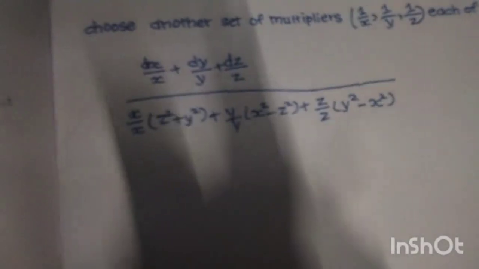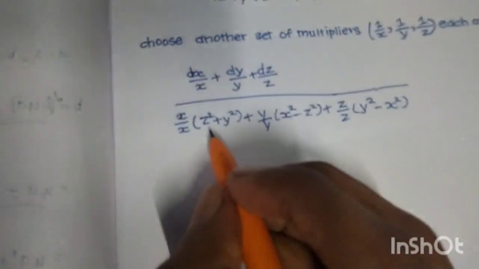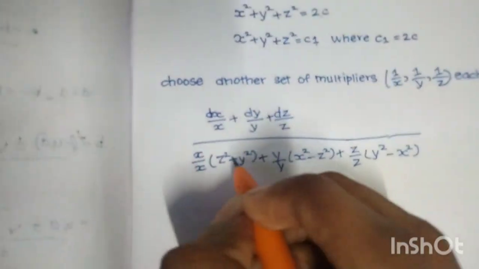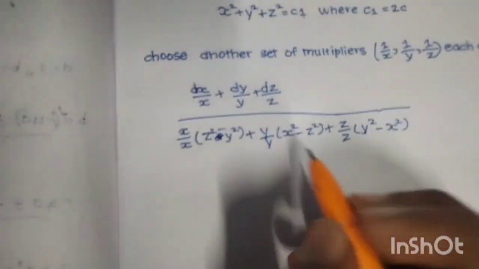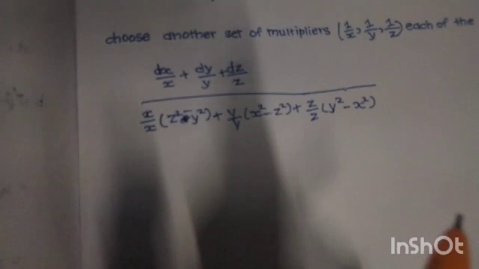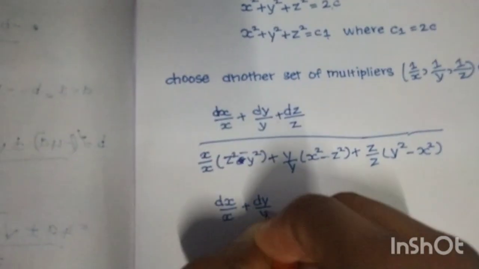If we see, the denominator will become 0. Here z square is there, here minus z square is there. Here minus is there, here plus is there, here plus x square is there, here minus x square is there. So all the denominator will become 0. So we can write only the numerator.